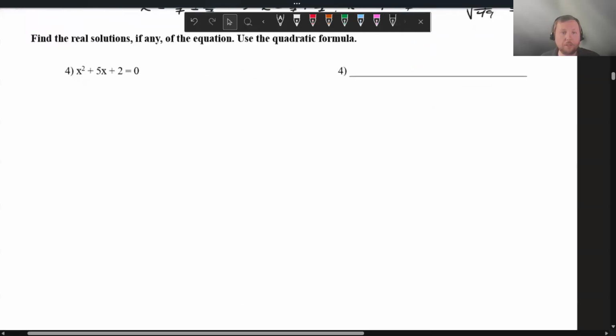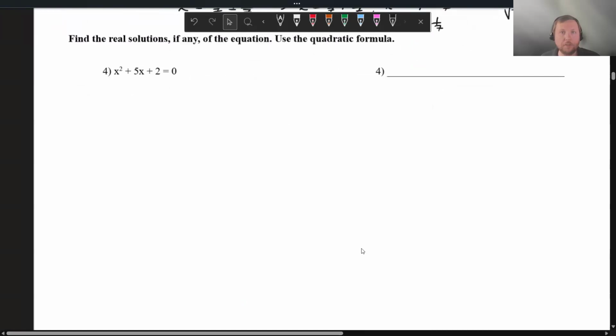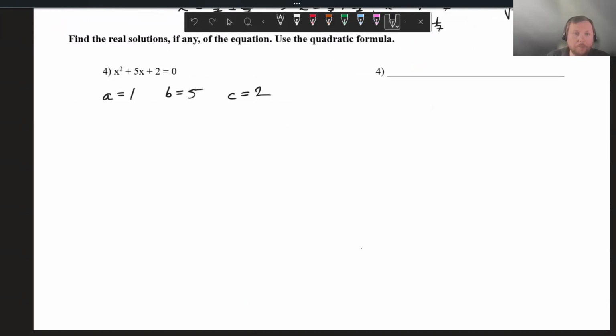Okay, find the real solutions of the following equation. Use the quadratic formula. Okay, so my coefficients are a equals 1, b equals 5, and c equals 2. The quadratic formula that you have to have memorized for this test is negative b plus or minus the square root of b squared minus 4ac, and then that's all over 2a.